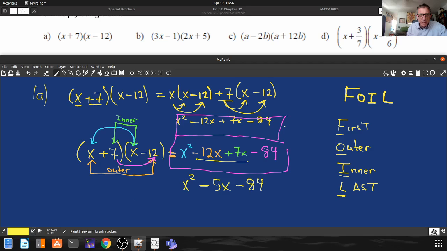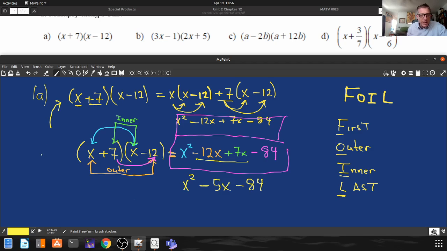So the question is whether you want to always do it this way or remember FOIL. FOIL is easy enough to remember. First, outer, inner, last is easy enough to remember. First terms, outer terms, inner terms, last terms.